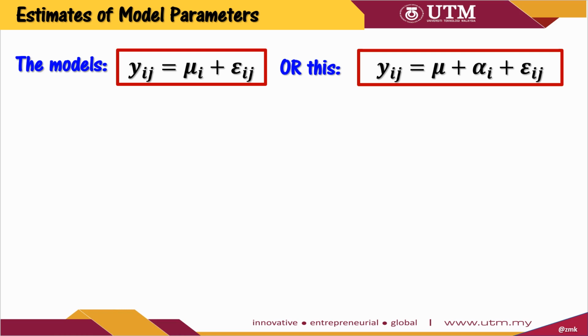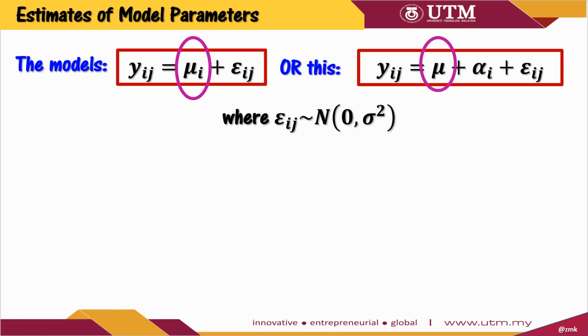The errors epsilon ij are assumed to be identically and independently distributed with mean 0 and a constant variance sigma squared. So the model parameters in one-way ANOVA include the level means mu i, the grand mean mu, the level effect alpha i, and also the error variance sigma squared for i equal to 1 up to k.